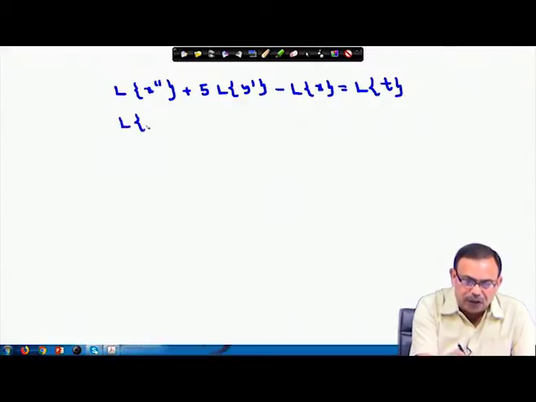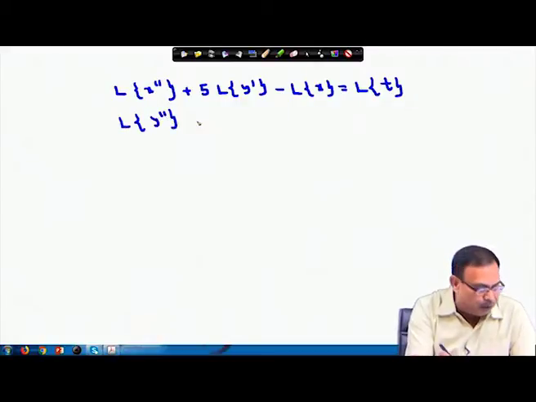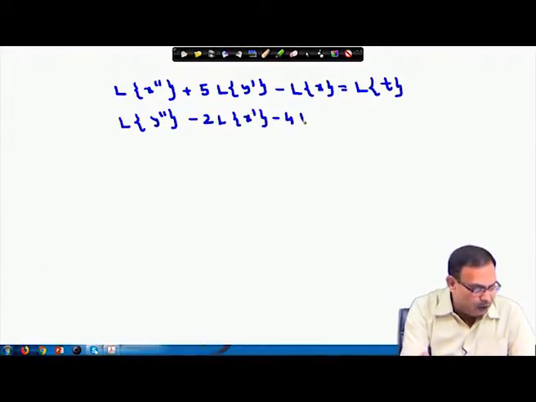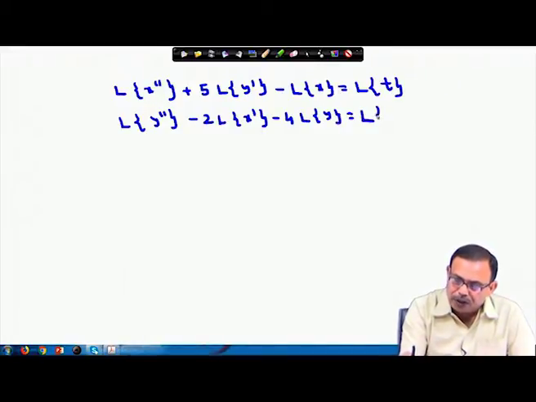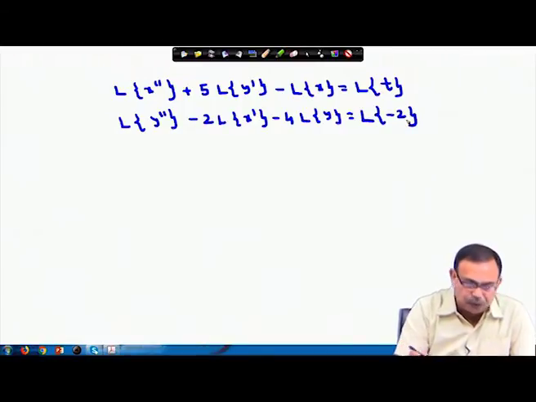And for the second equation, the Laplace transform of y double dash minus twice the Laplace transform of x dash minus 4 into the Laplace transform of y equals the Laplace transform of minus 2.